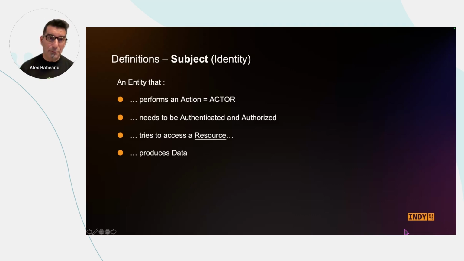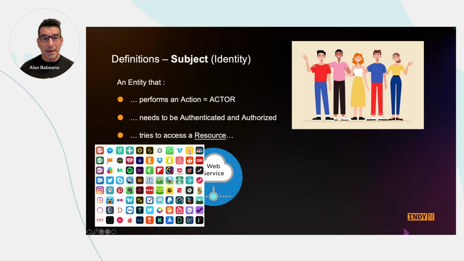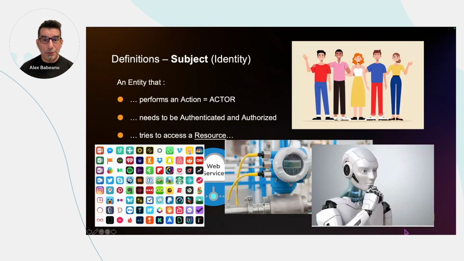And typically that subject tries to access a resource, and a subject may also produce some data while navigating around your application or your APIs. It may produce some logs or generate some actions that trigger some data creation. Anyway, so some examples, of course, include humans, web services, apps, IoT devices, AIs or robots. I think you get the idea.